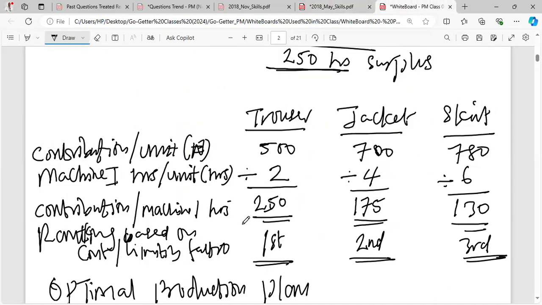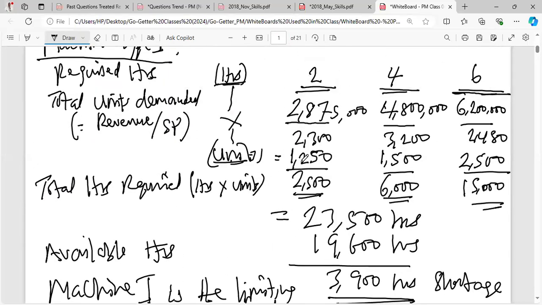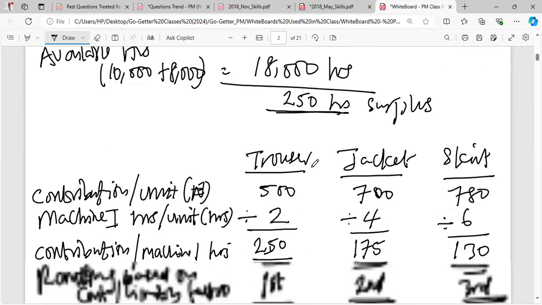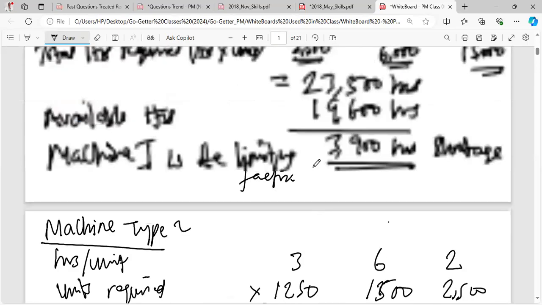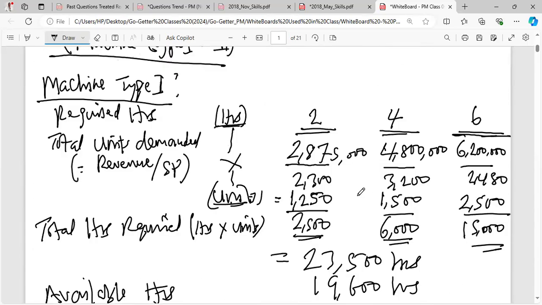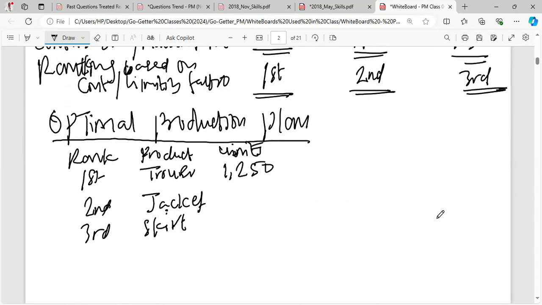We did it in our calculation here: 1,250. Let me just write all the units now, but normally you should be writing them with pencil for now. This is 1,500. This is 2,500. We might need to adjust some of these.